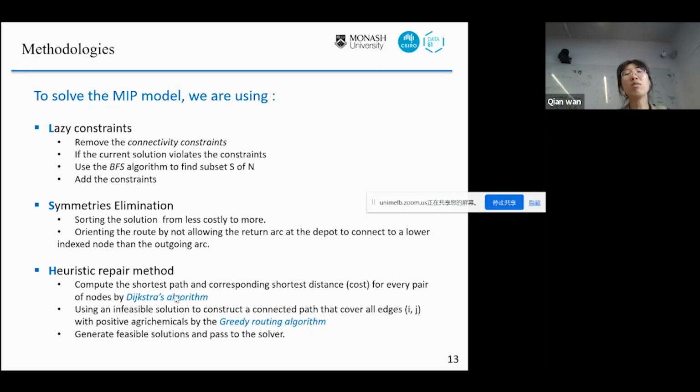So we can use the variable yij to construct a feasible solution xij, and then we pass it to the solver to solve this problem. If it is accepted by the solver, it will provide a good upper bound. So this is the main idea of the heuristic repair method.